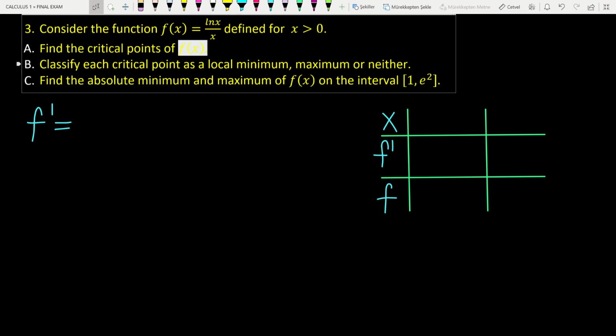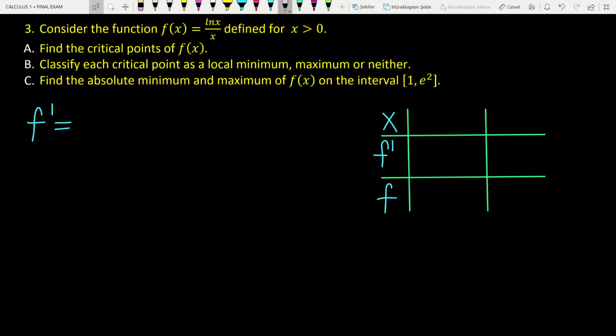A rational function ln x over x is given in question 3, and the domain is that x must be positive, since we have the ln function in the function f. Let's read the questions. The first one, find the critical points of f, and the second one, classify them. In order to find critical points, we need to find f prime using the derivative rule.